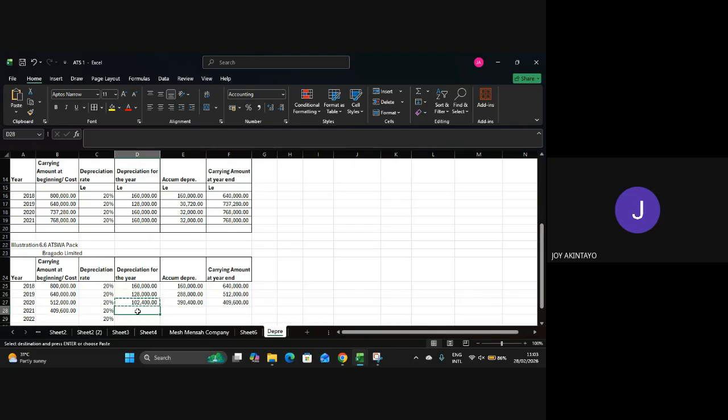What is 20% of 409,600? Pick your calculator and give me the value. 81,920. Okay, so we have 81,920. So you add them together.